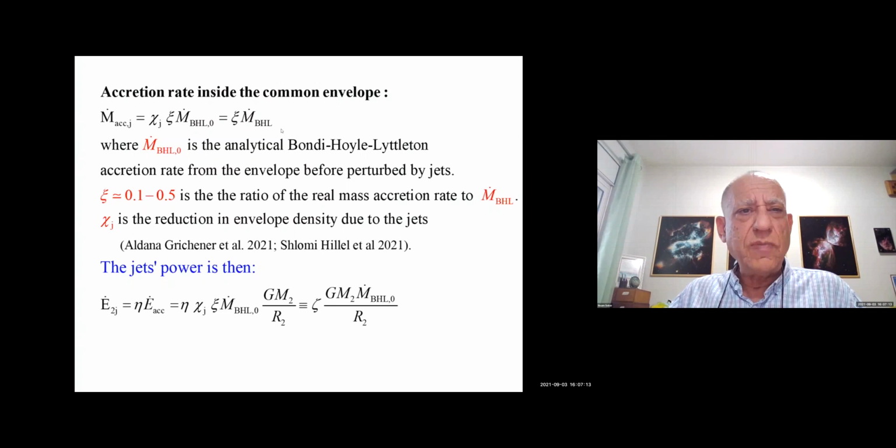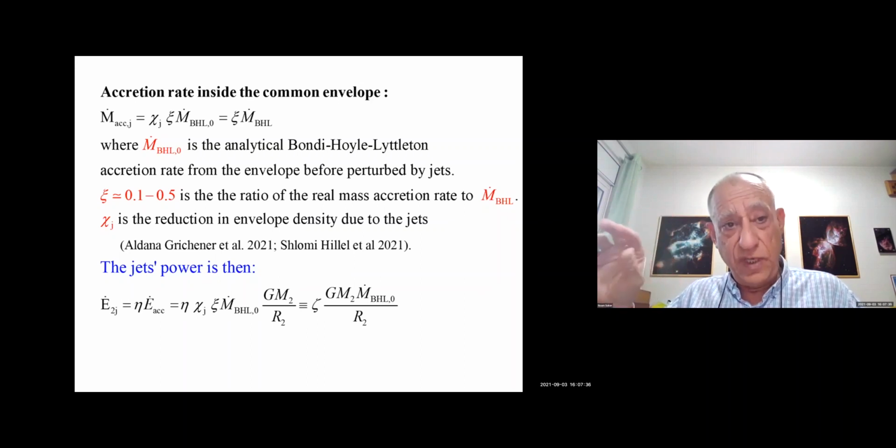Okay, so what about the accretion rate? And we will hear all about it also in this session, but let me give just an introduction to it. So the accretion rate, when we include jets, includes two factors. M dot Bondi-Hoyle-Littleton 0 refers to the accretion rate that the analytical formula of Bondi-Hoyle-Littleton gives in the unperturbed envelope.